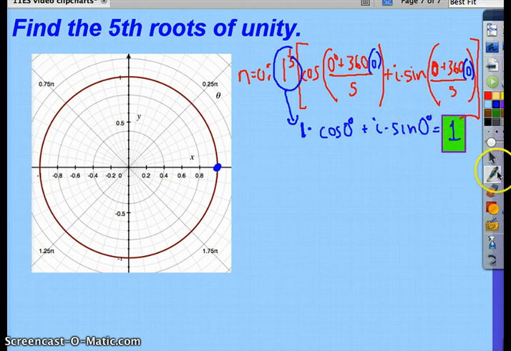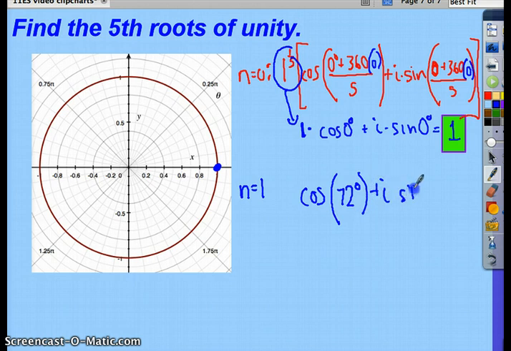Always, always, always. What I'd like you to think about with regards to the fifth root, for n equals 1, really all that is, the modulus is going to be 1 no matter what. And all we're doing is we're adding 72. Do you know how I'm getting 72?